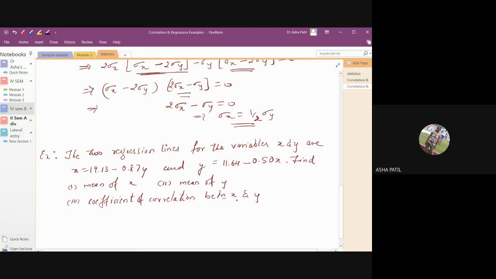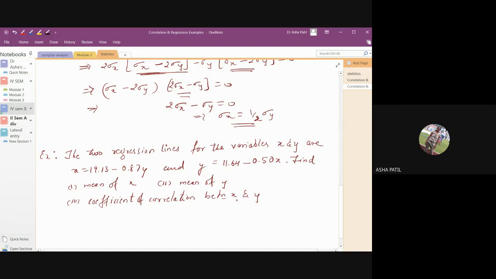Mean of x means x bar, and mean of y is nothing but y bar. The coefficient of correlation is nothing but your r value, right? So you know this already. Now, how to go for it?